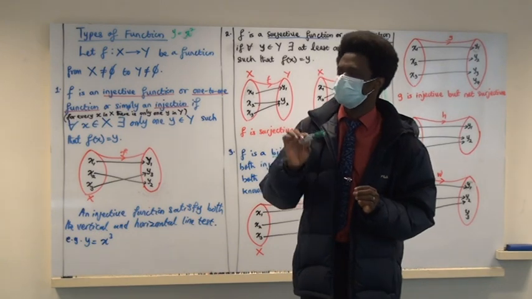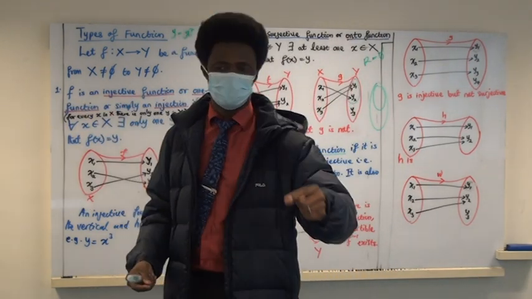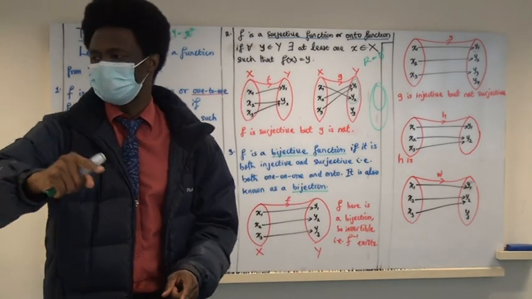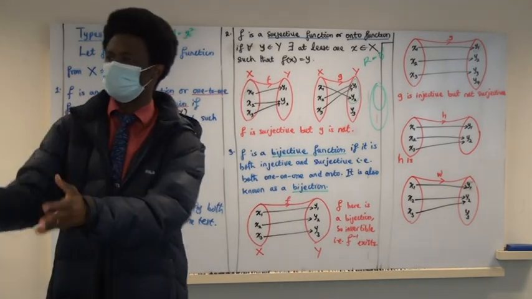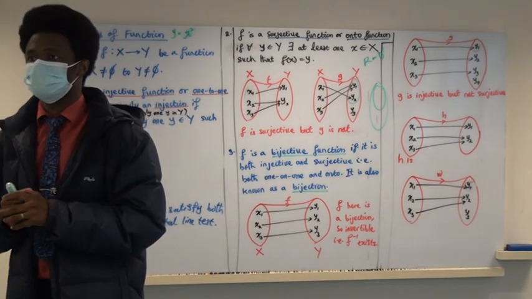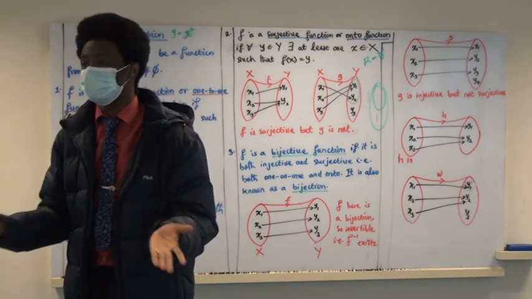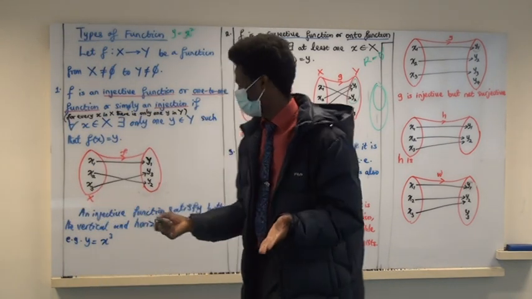It means for every member, there is a partner. You cannot have Ansin and Alex both having him as their partner on the table. No, that's not one-to-one. That's many to one. Am I making sense? When you have something like that, it's not a one-to-one function.